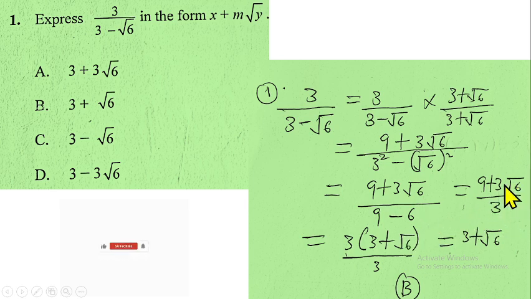Then from there, you can factorize the numerator. 3 is common, so you can factorize 3 out. So you have 3 into 3 plus surd 6 over 3. So 3 can cancel 3. So we have 3 plus surd 6 as the answer for this question from Surds. And if you look at the options provided, option B is the correct option for question number 1.